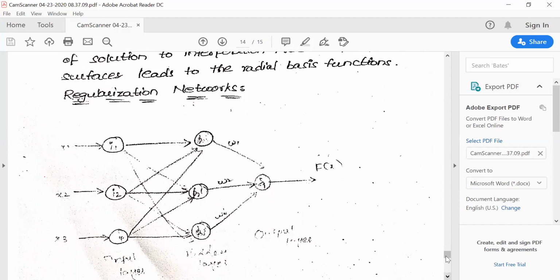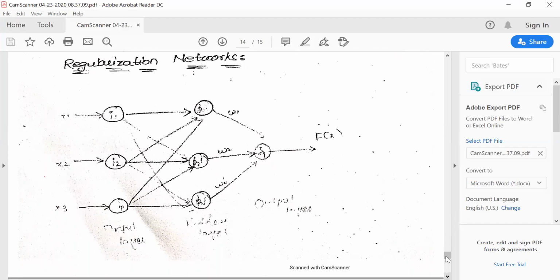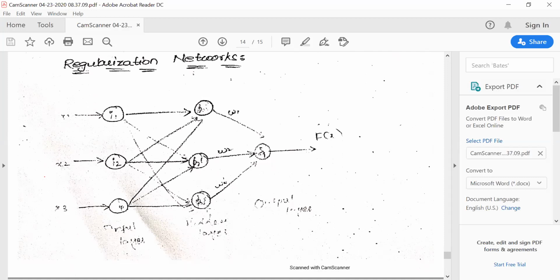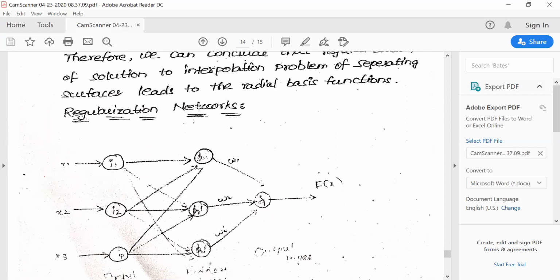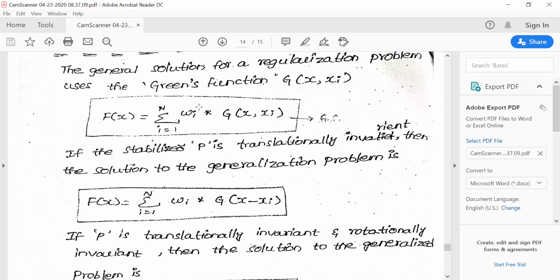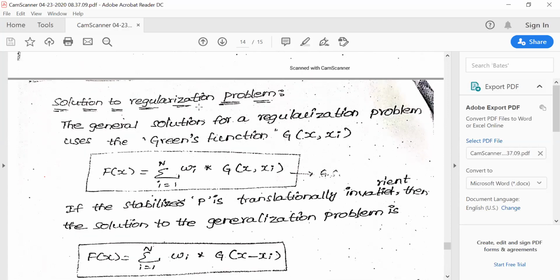Okay, so this is a possible solution, a regularization network, which always uses the same pattern as RBF networks. You need to identify the RBF neural networks. These must be a Gaussian function, which is named, you need to remember the name also, Green's function, G of xi comma x.